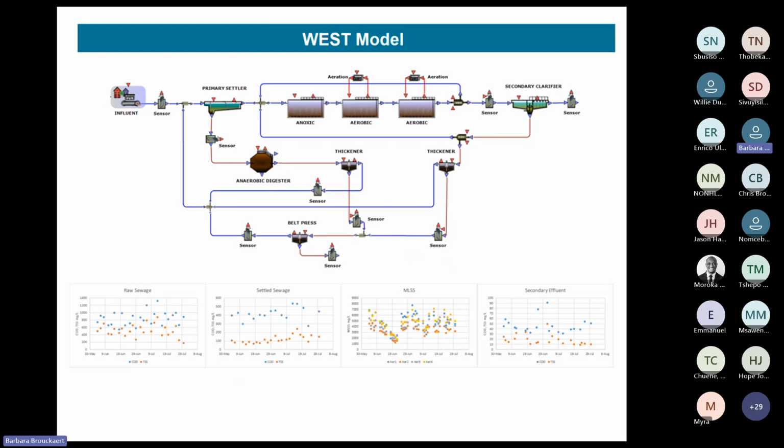And as Chris already mentioned, getting the influent fractionation is really important, especially in this case, because the configuration is going to change. The process and microbial population is going to change as well. So what you need is the correct influent characterization to try and predict how these changes are going to affect the plant performance.